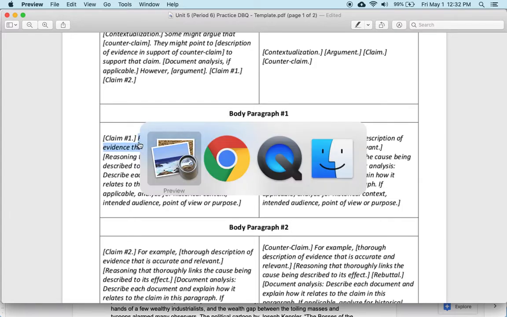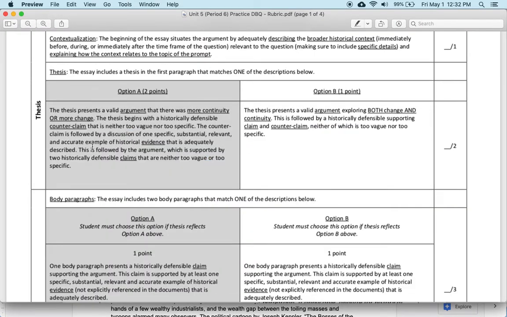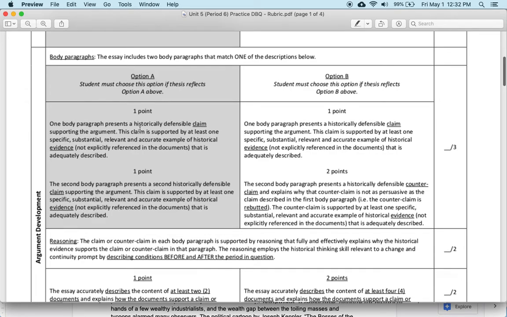In this body paragraph, you should present your claim from the thesis, simple, and then support it with at least one specific, substantial, relevant, and accurate example of historical evidence, something that is not explicitly referenced in the documents, that is adequately described.